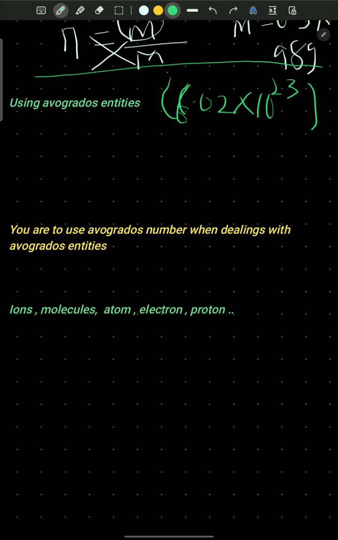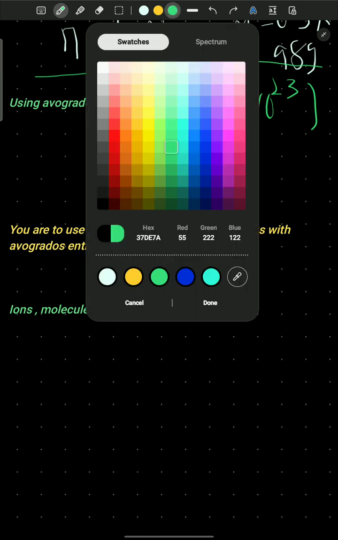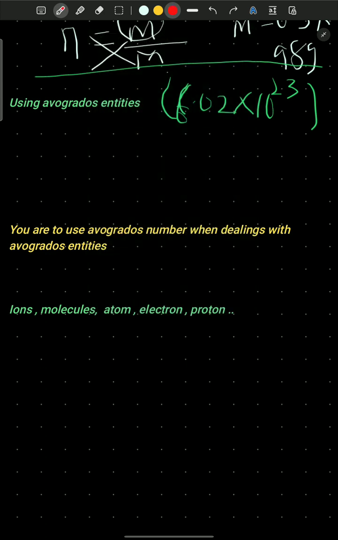I can tell you this, many students know that Avogadro's number is 6.02 times 10 to the power 23, but not all students know when to use it. So please, at the end of this topic, you are meant to know when to use Avogadro's number. Now imagine Avogadro's number to be like a carton.